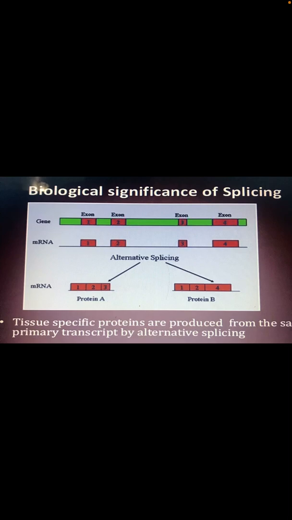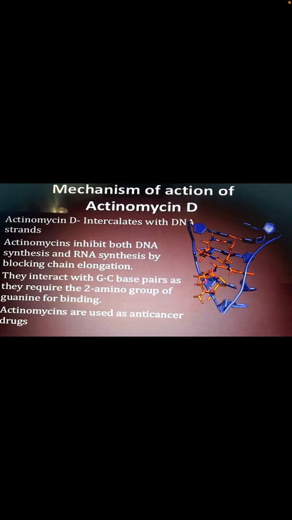Alternative splicing means different types of RNA are made from the single messenger RNA by removing alternate units of exons according to the need of the function of the different types of proteins in different areas.